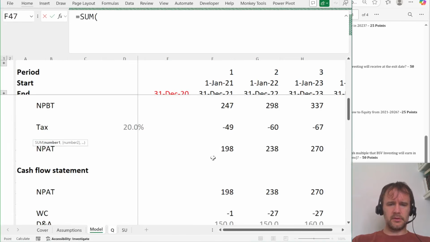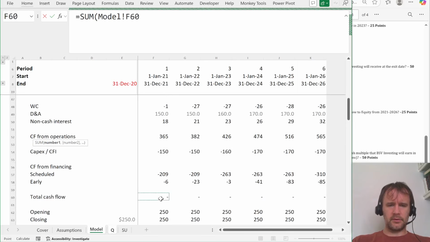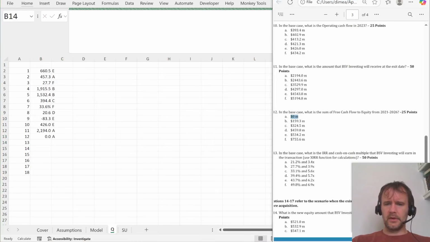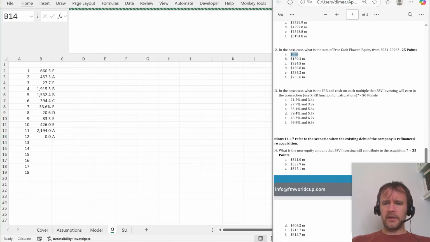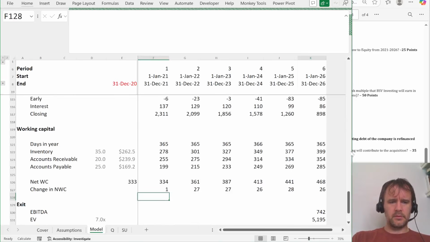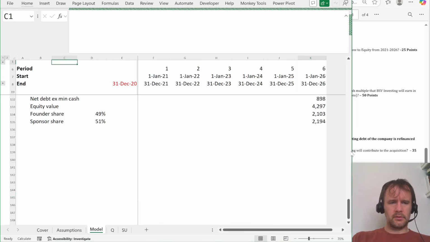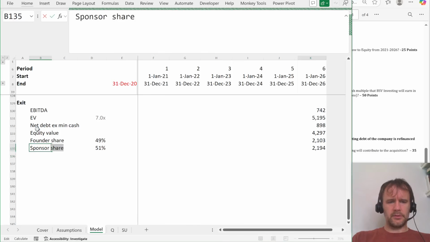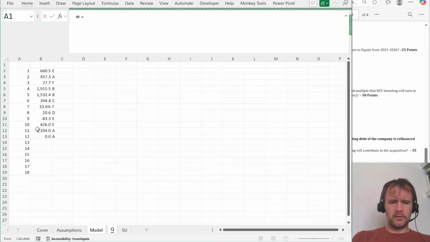So just say sum of, don't know what is going on with my Zoom, and that is answer A. Okay, in the base case, what is the IRR and cash on cash multiple? Use XIRR for calculation. So I'll just make that sponsor cash flow, and here they pay in.